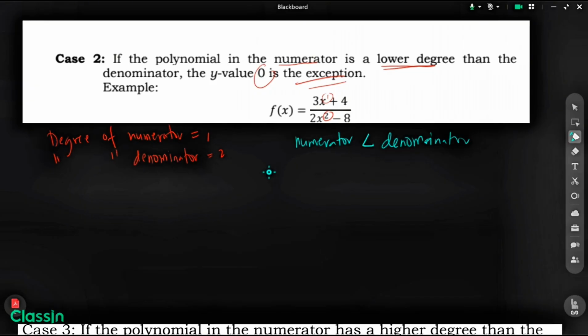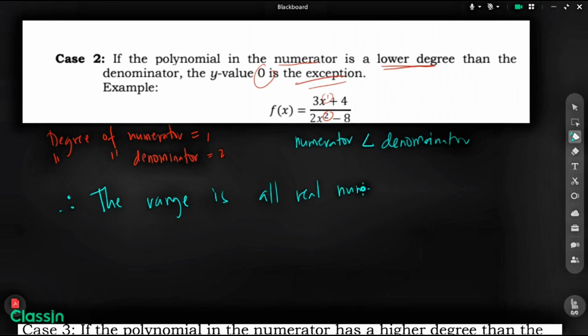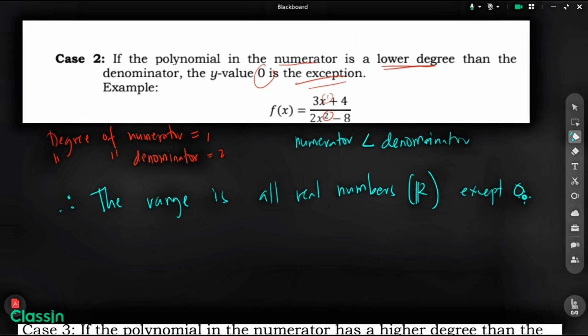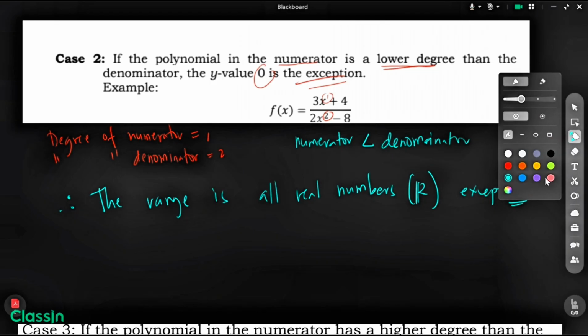So therefore, the range is all real numbers, the symbol for real numbers, except 0. Why 0?